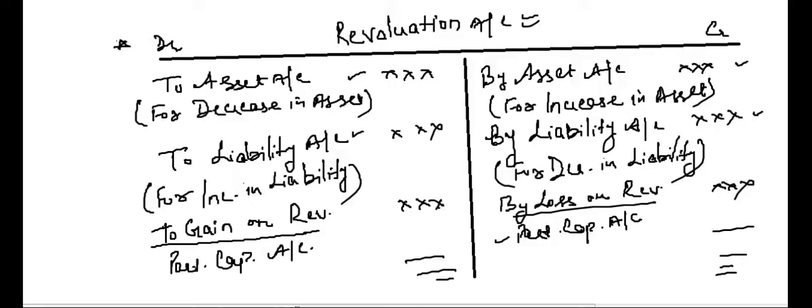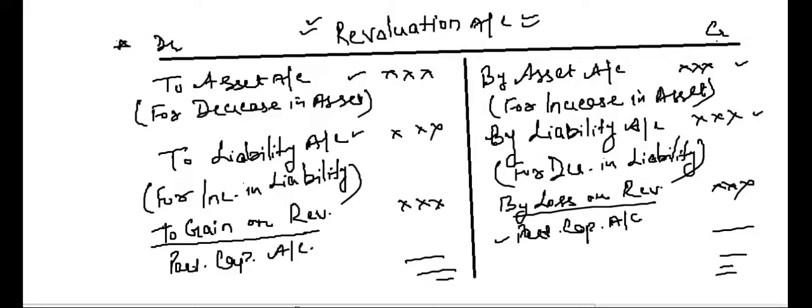For increase in liability, revaluation account to liability account. To transfer the gain or loss on revaluation, revaluation account debit to partners' capital account, or in case of a loss, partners' capital or current account to revaluation account. You have to prepare this revaluation account, and from there you can easily manage the journal entries.